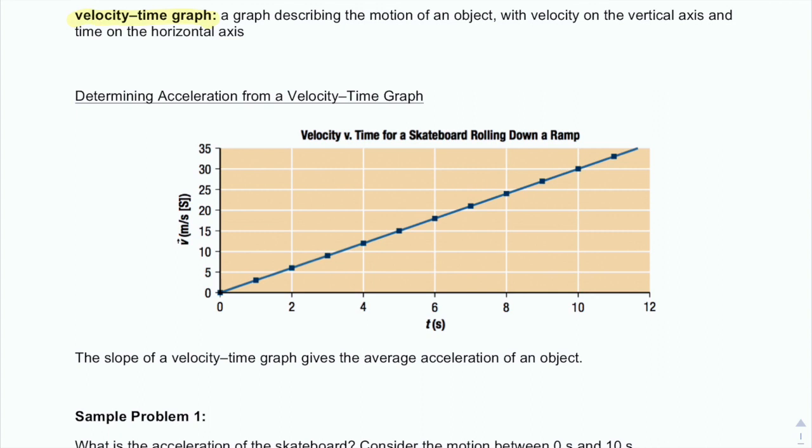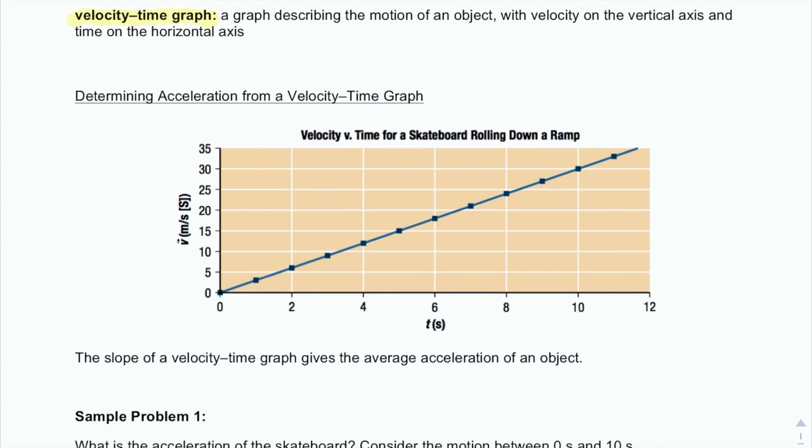If you were to describe the motion of this object by looking at the y-axis and what is happening to each of the points over time, you can say that the object's velocity is increasing regularly over equal intervals of time. And it appears as if the object's velocity is increasing over time.